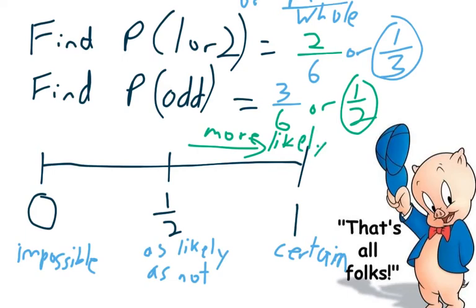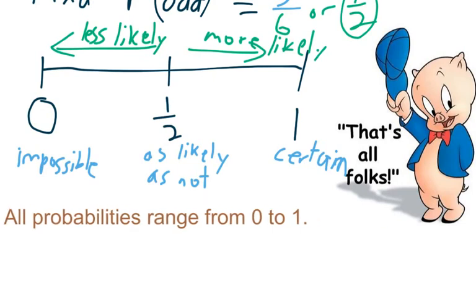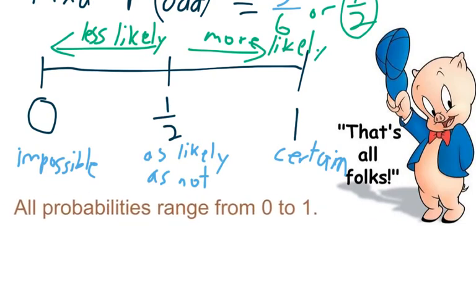And then the further you go to the left on this from 1/2, it's going to be less likely. And that's how probability works. So you can't have a negative probability, and you can't have a probability over 1. So all probabilities range from 0 to 1.